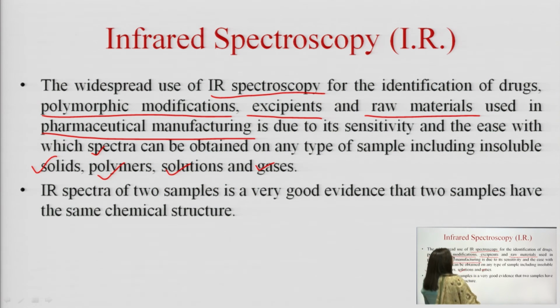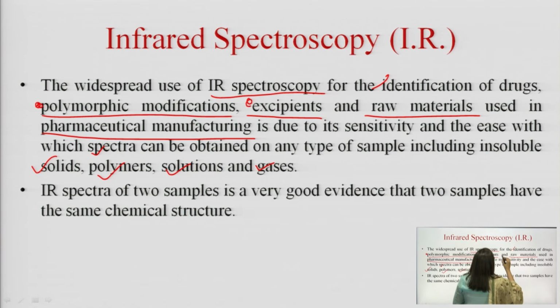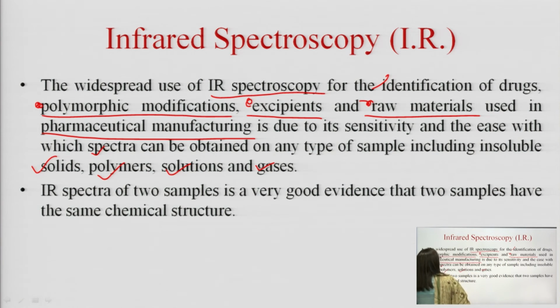So, this gives an advantage of IR in pharmaceutical research or manufacturing, as it is capable of identifying drugs, polymorphic modifications, excipients and raw materials used during pharmaceutical manufacturing, etc.